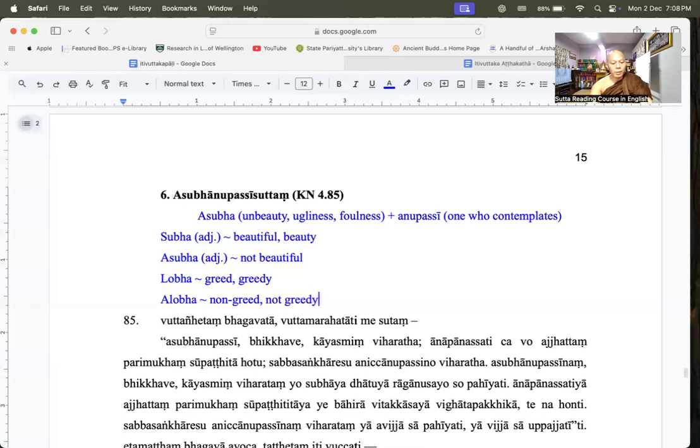But the meaning of that is not stopped there. Actually, that refers to being generous, wanting to offer. So generosity.